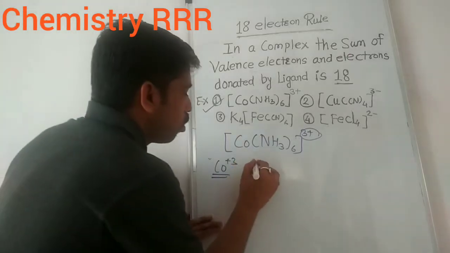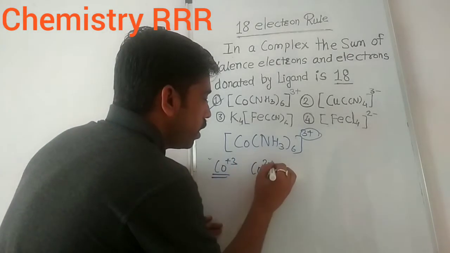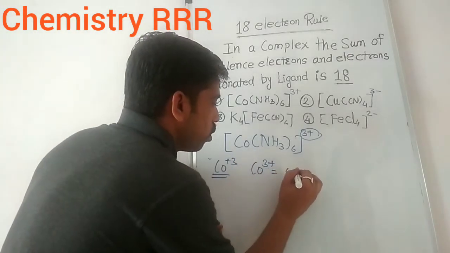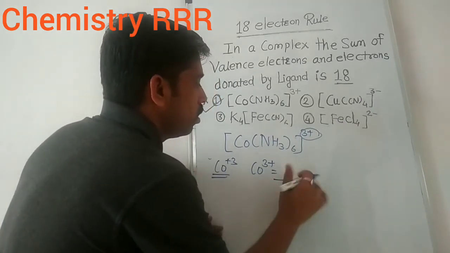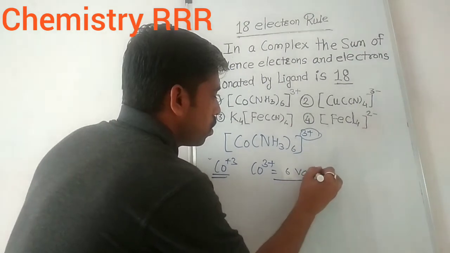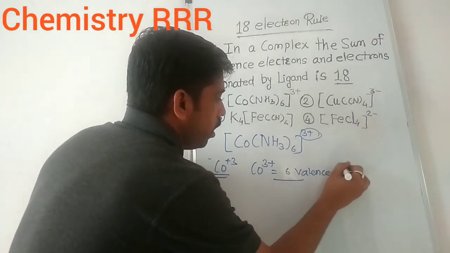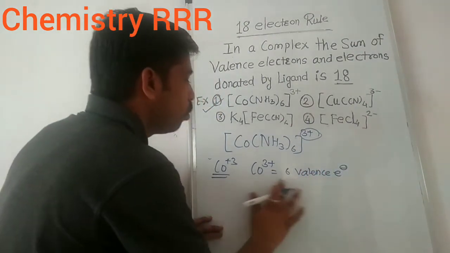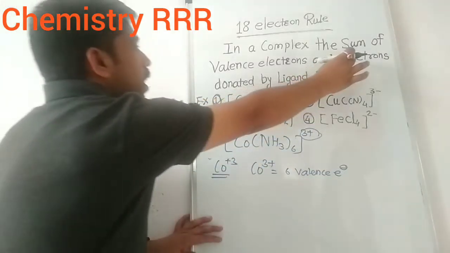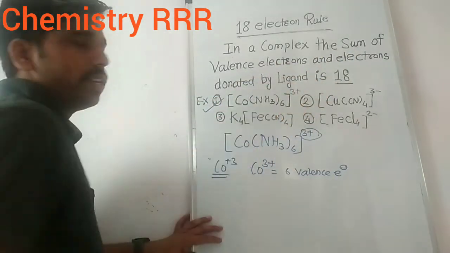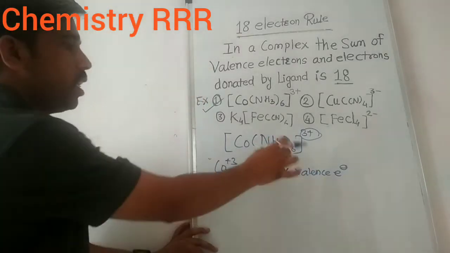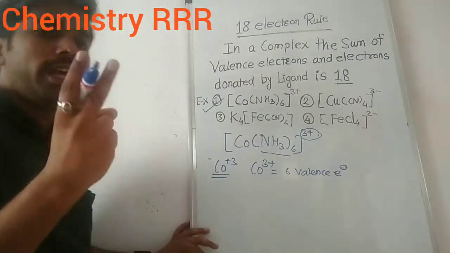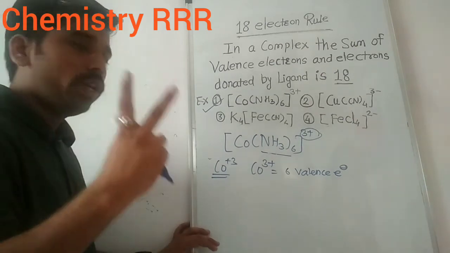Here we get cobalt in the +3 oxidation state having 6 valence electrons. Then we have to find the electrons donated by the ligands. Here the number of ligands is 6 and each ammonia donates 2 electrons.